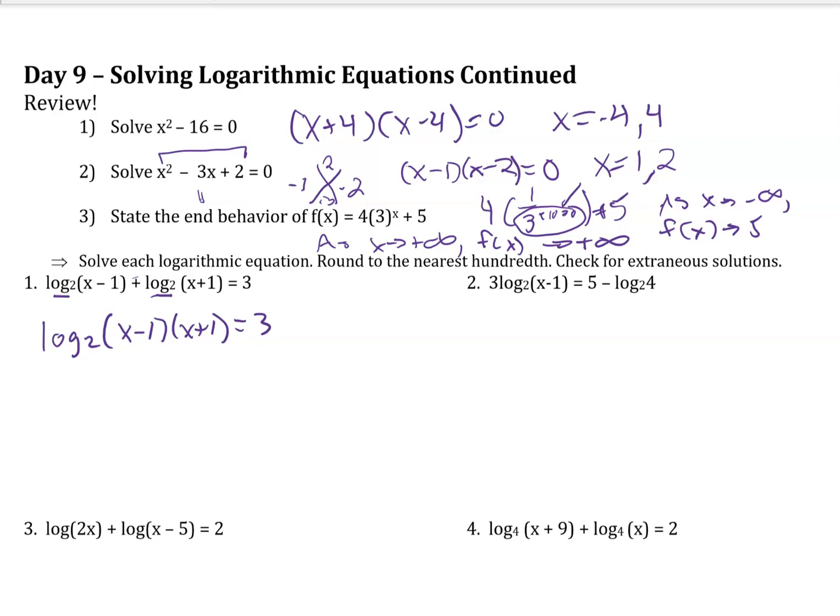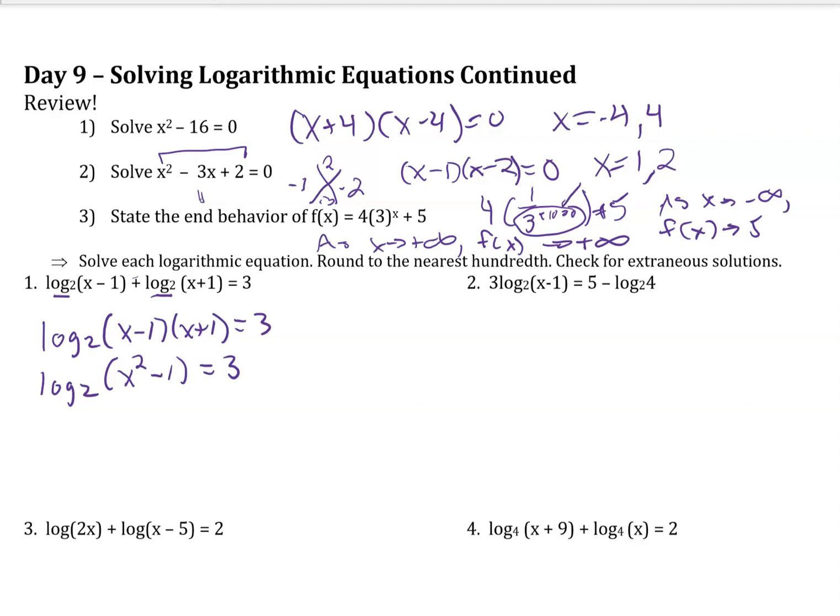So x minus 1 times x plus 1 is x squared minus 1x plus 1x, so the x term goes away, minus 1. So log base 2 of x squared minus 1 equals 3.